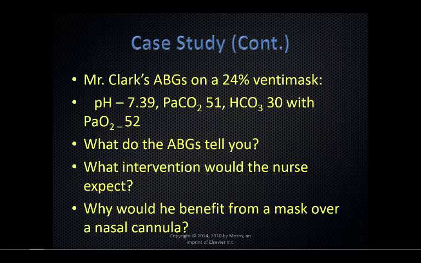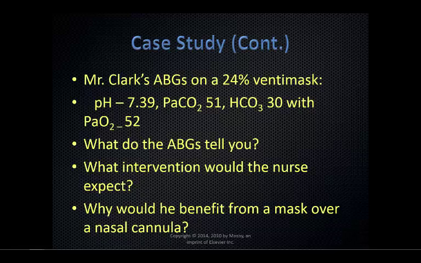Based on his blood gas that we see here, we can see that he's in a fully compensated chronic respiratory failure with hypoxemia. The nurse should expect to increase the FiO2 and deliver a treatment of some kind of an aerosol or MDI for a beta-2 agonist and a cholinergic antagonist, something like Duoneb, which would be your ipratropium bromide and albuterol, or the other word for the ipratropium bromide is Atrovent.